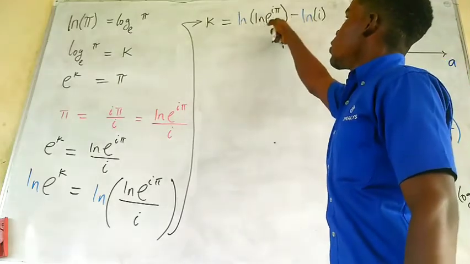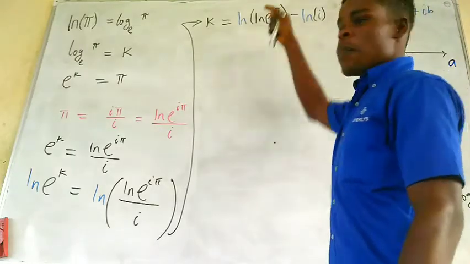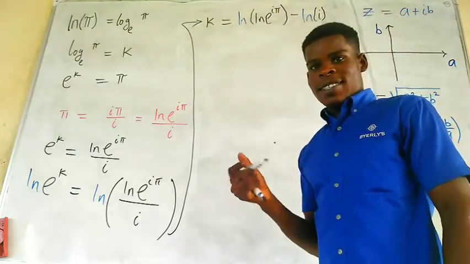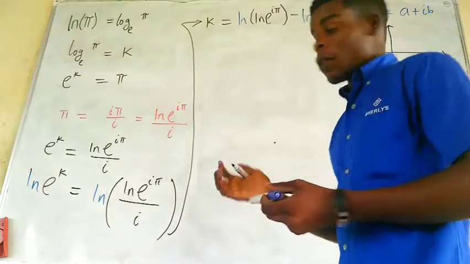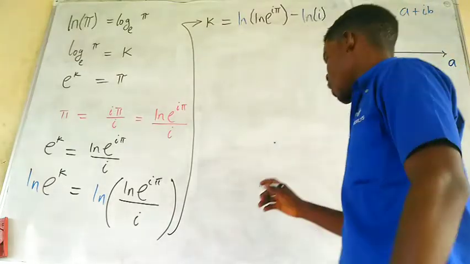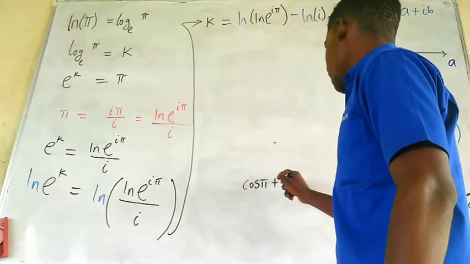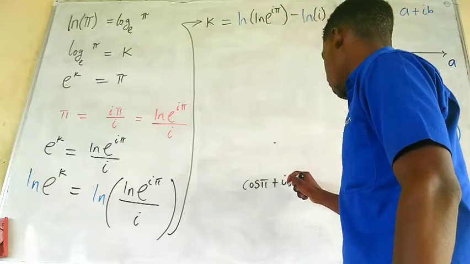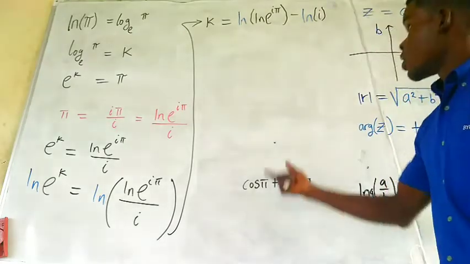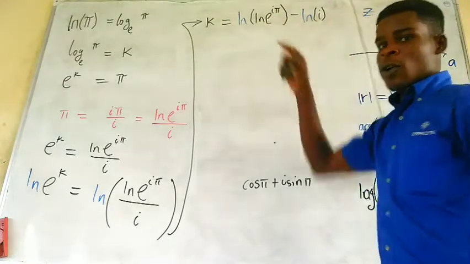We still have something here. What is ln of e to the i pi? Well, e to the i pi is identical to something, isn't it? From the polar form of complex numbers, cosine of pi plus i sine of pi is the same thing as e to the i pi. That is Euler's formula.